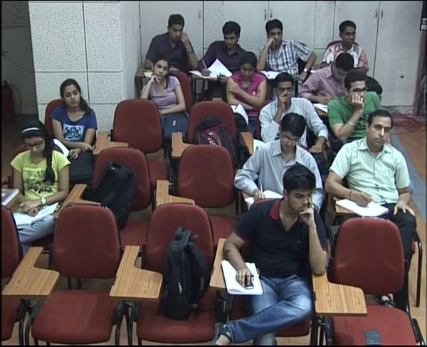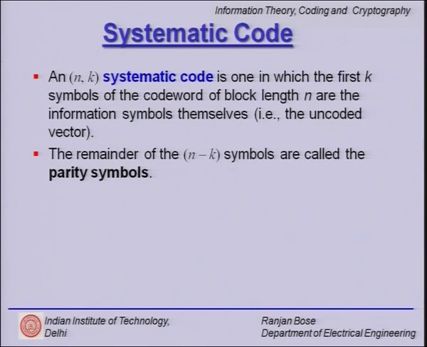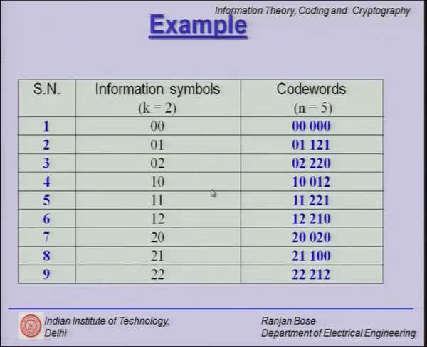So, we come back to our slides and we say that in a systematic code, the first k symbols of the code word of block length n are the information symbols themselves, that is the uncoded vector, and the remainder n minus k are the parity symbols.